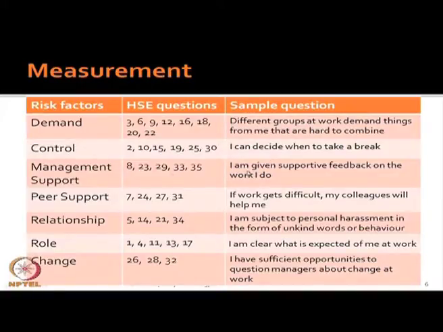Management support, one of the questions out of these 5 is: I am given supportive feedback on the work I do. Peer support: if work gets difficult, my colleagues will help me. Relationship: I am subjected to personal harassment in the form of unkind words or behavior. Role: I am clear what is expected of me at work. Change: I have sufficient opportunities to question managers about change at work. Getting me? So, there are such 35 questions.